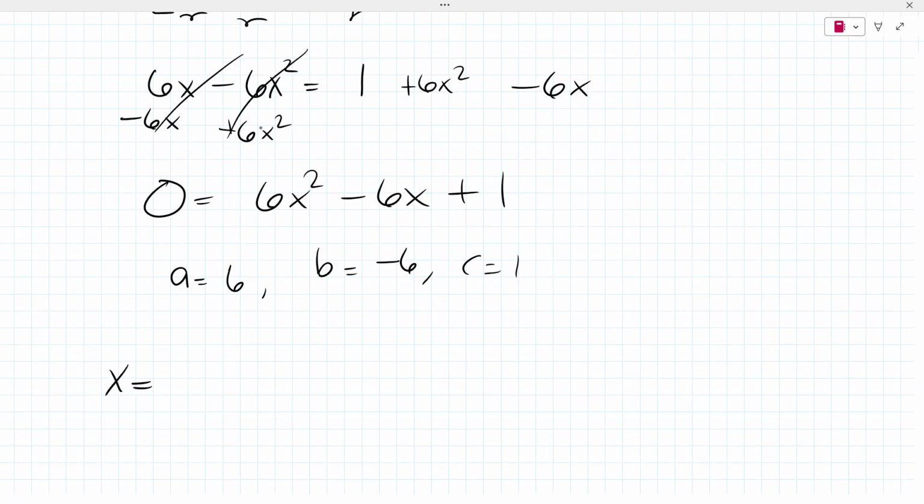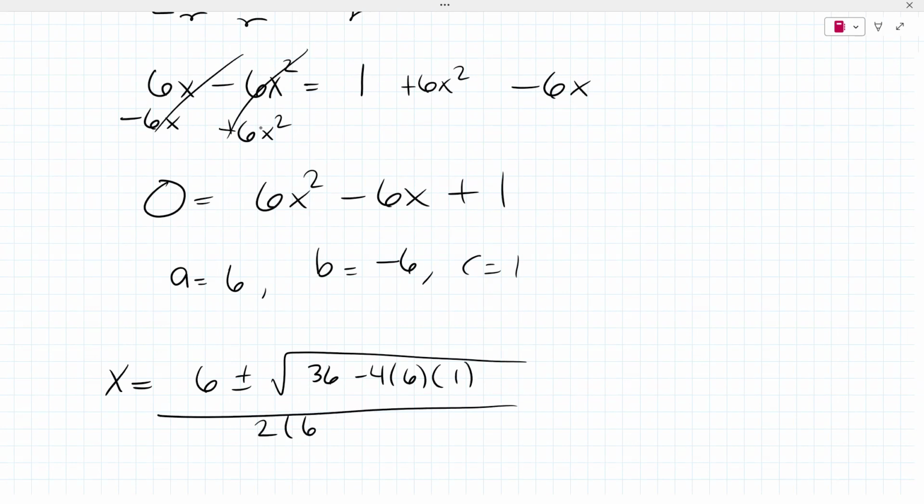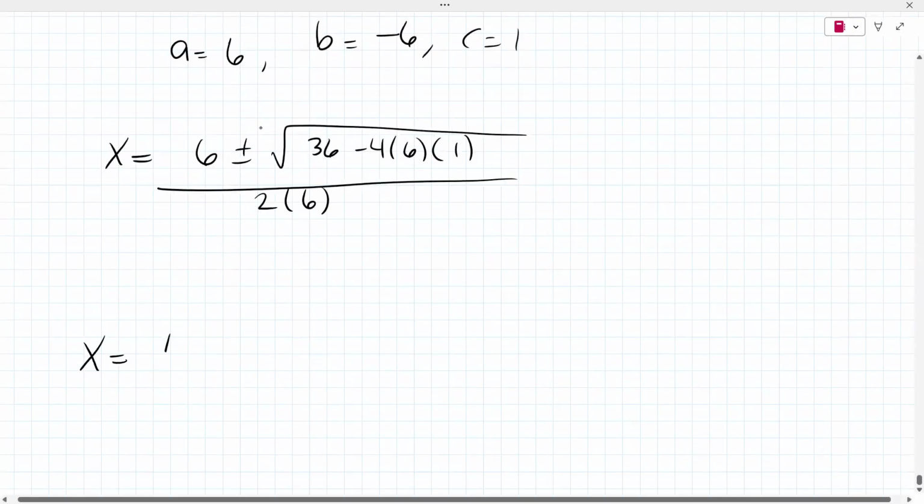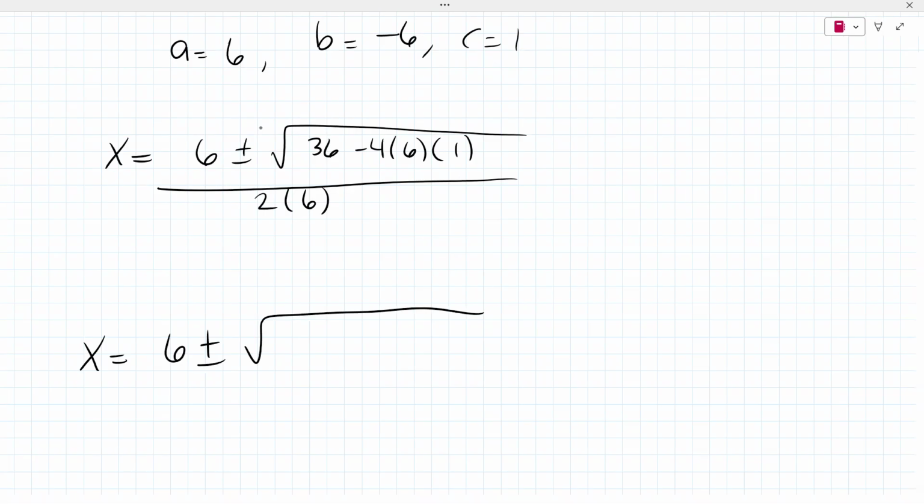So x is the opposite of b, which is 6, plus or minus root b squared, which is 36, minus 4 times a, which is 6, c is 1, all over 2a. So that's x equals 6 plus or minus the square root of 36 minus 4 times 6 times 1, all over 12.